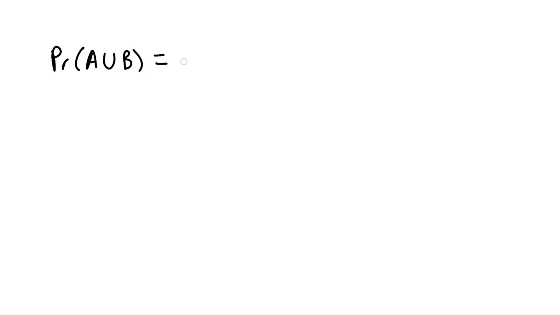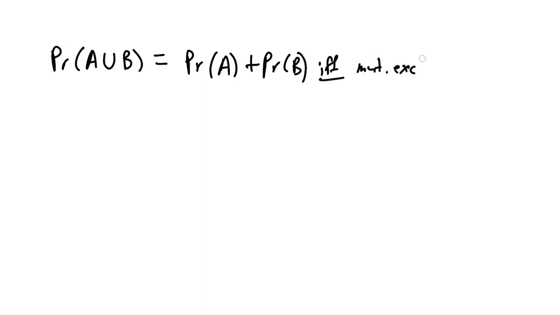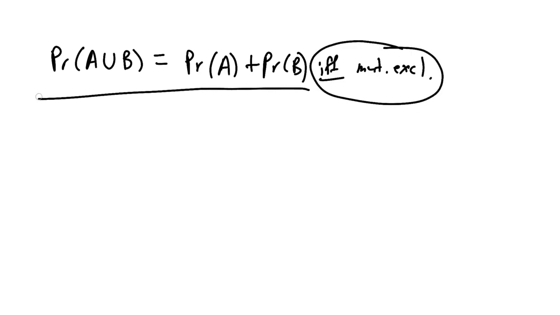The probability of the union of two events, the probability that the outcome is in either A or B or both, is equal to the probability of A plus the probability of B if and only if the events are mutually exclusive or disjoint, right? That is the condition that must be satisfied for this rule to hold. The probability of the union is the sum of the probabilities only if they're mutually exclusive.